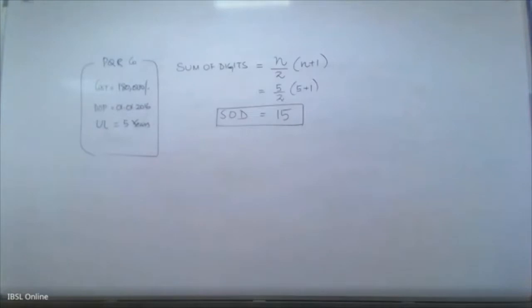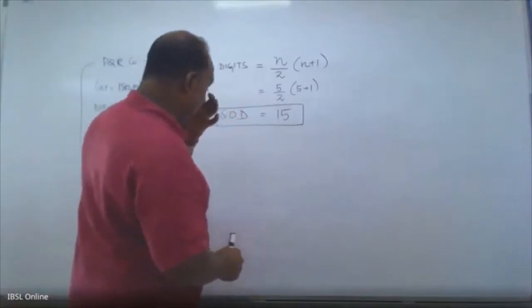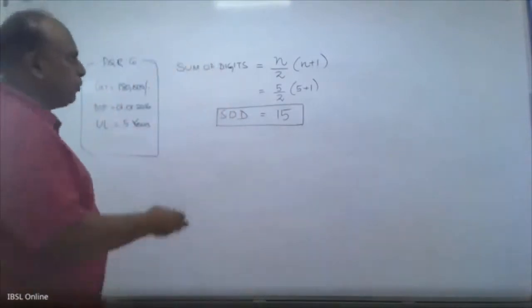Is that clear? So in any formula, if you are given a useful life, you have to calculate first the sum of digits, right? So I hope you have taken down.